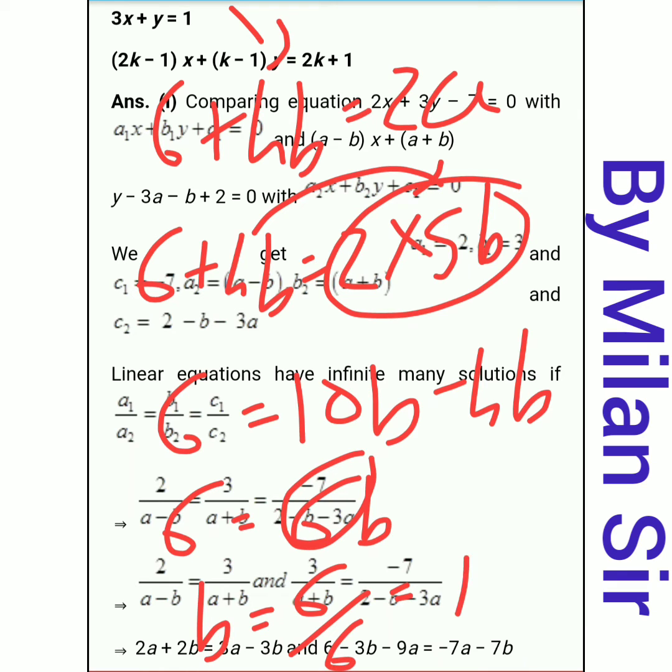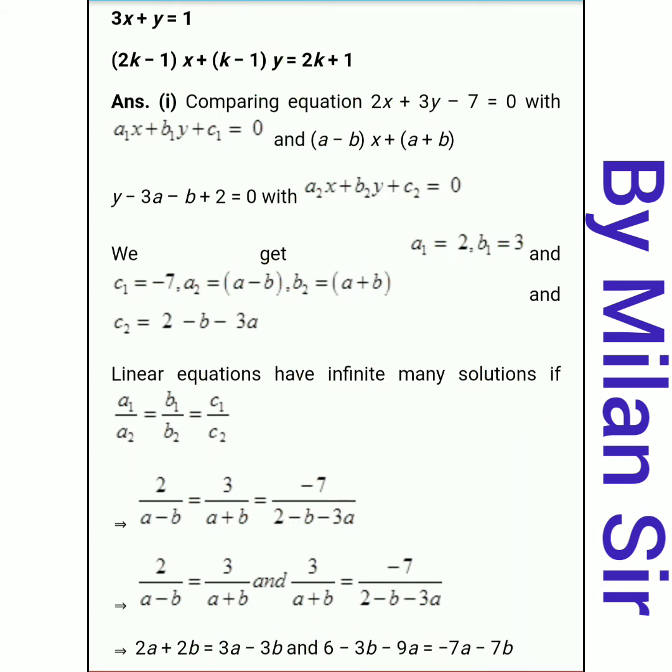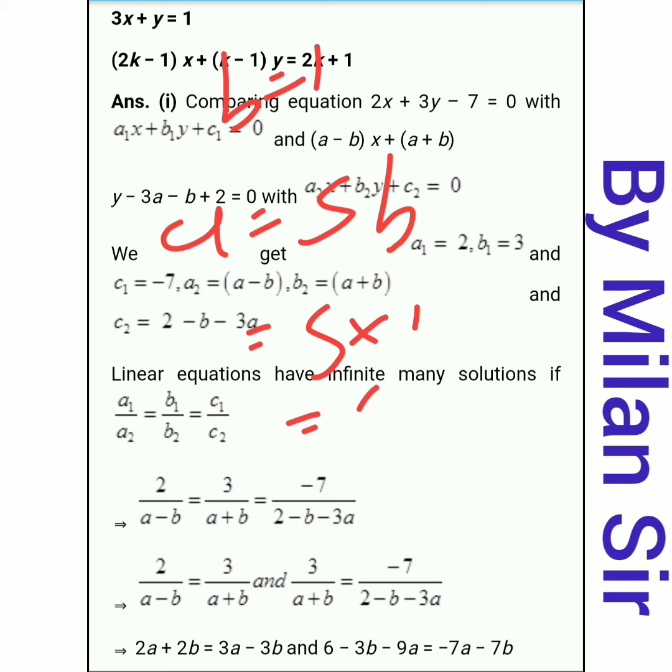So 6 by 6, it is 1, so b is equal to 1. Okay, b is equal to 1. Now put b is equal to 1 in a is equal to 5b. Okay, so 5 into 1, a is equal to 5. So a is equal to 5, b is equal to 1. This is the value of a and b which satisfy this condition.